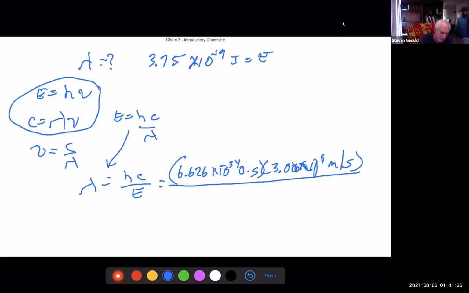And the energy we have was 3.75 times 10 to the minus 19 joules. Now, joules cancel, seconds cancel, and we're left with meters.